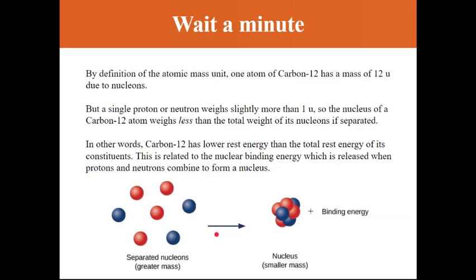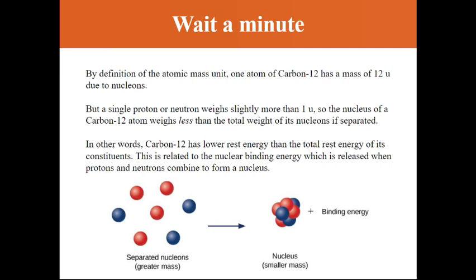Like I said, the mass of carbon 12 in atomic units is 12 u, but the mass of its nucleons separately adds up to more than 12 u. The reason is that when the separate nucleons join together, they are bound and form a carbon 12 nucleus, and they actually release energy.